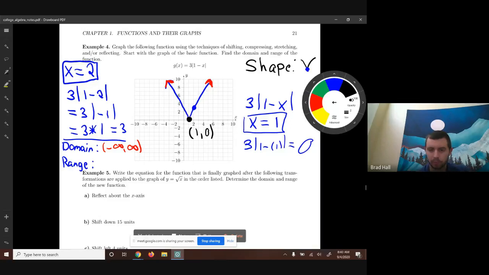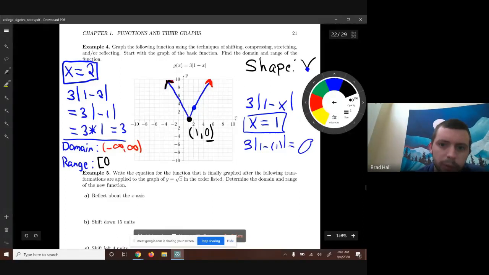So that was the first point we found. But the range wants the y value. So naturally, we choose 0. And 0 is included because it is a part of the graph. So that's why I'm using a bracket. And the highest up we go, we hit some arrows.